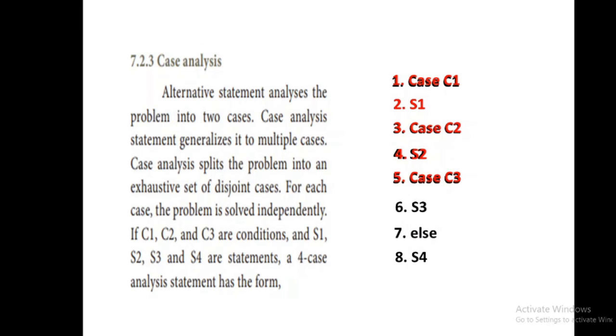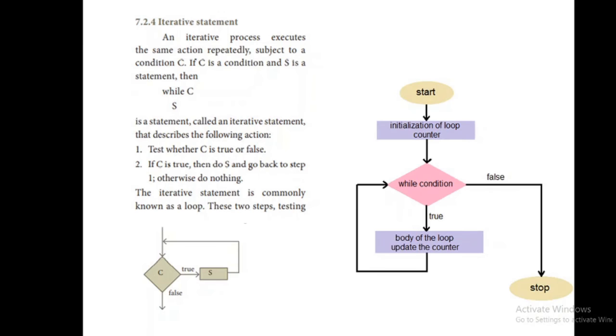If case 3 is satisfied, statement 3 will be executed. If none of the cases is satisfied, the else part will be executed, that is, statement 4. This is the example for case analysis.